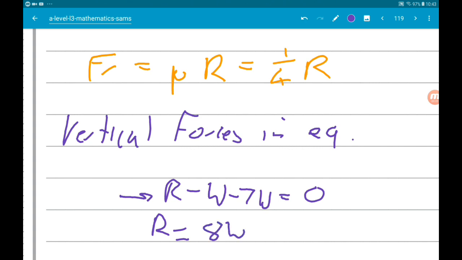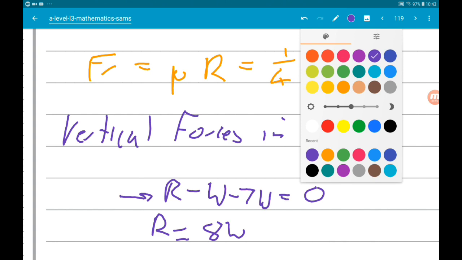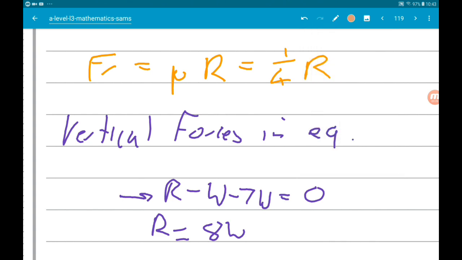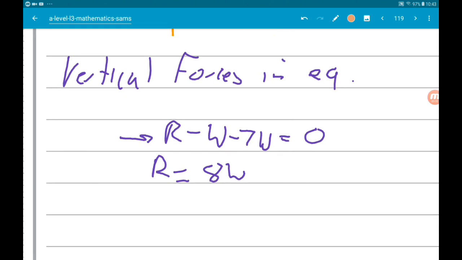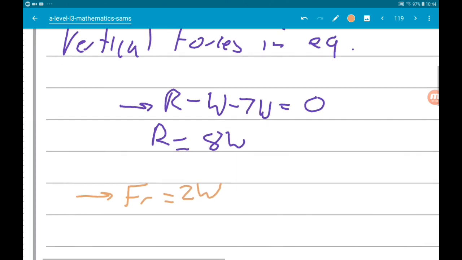Now that then means that friction is 2W. Okay.